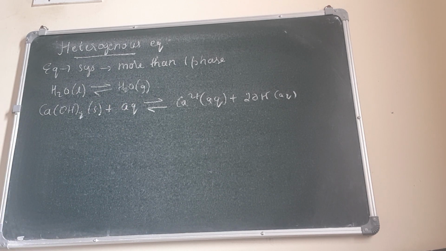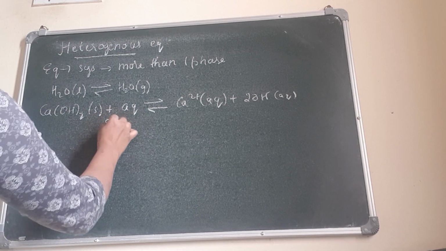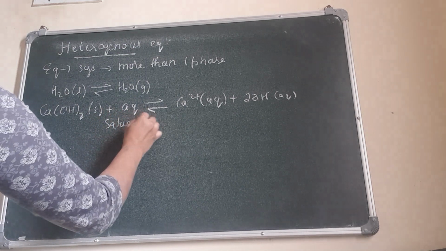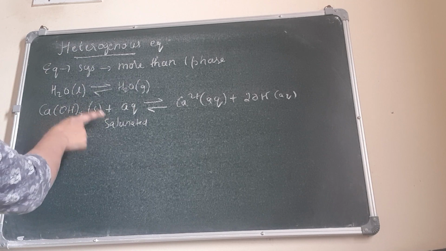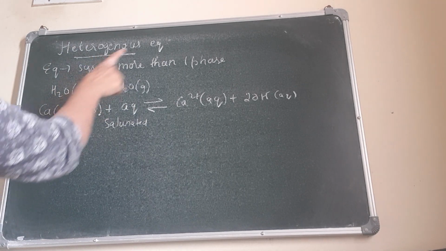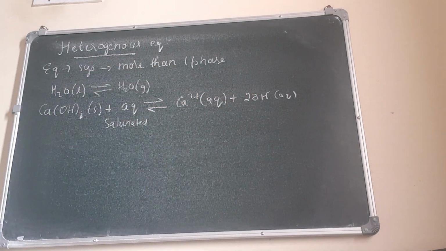A saturated solution of calcium hydroxide, which is a solid, is in a state of equilibrium with its ions, that is calcium ions, aqueous, and hydroxyl ions, which are also aqueous. Why is it heterogeneous? Because this is in a solid state, and these two are in the aqueous state.